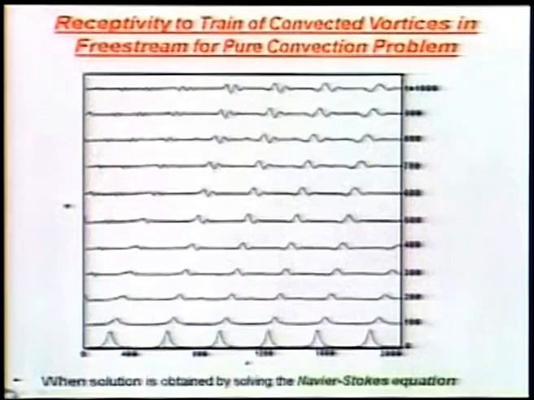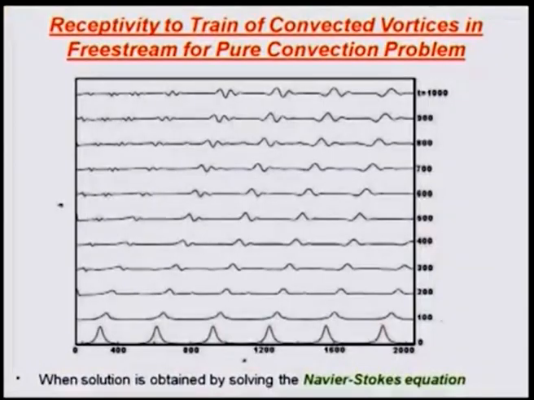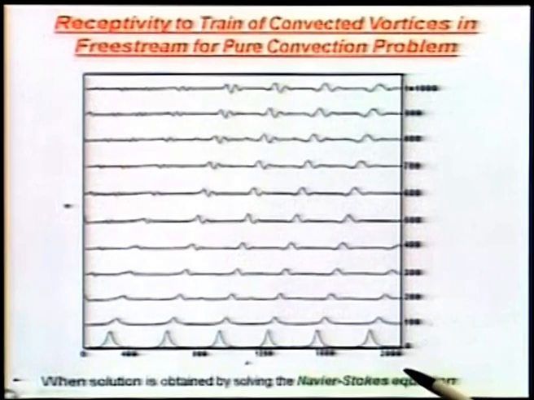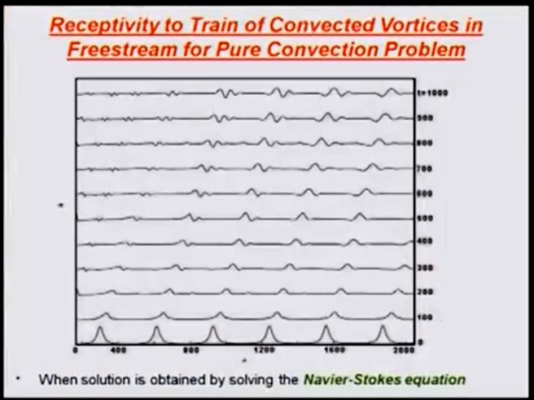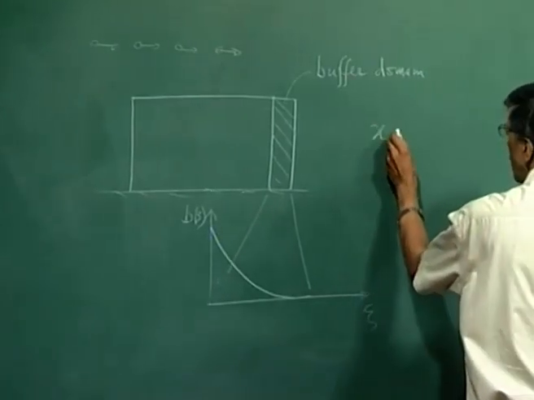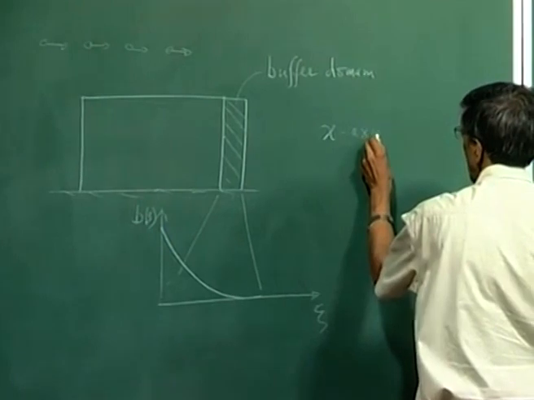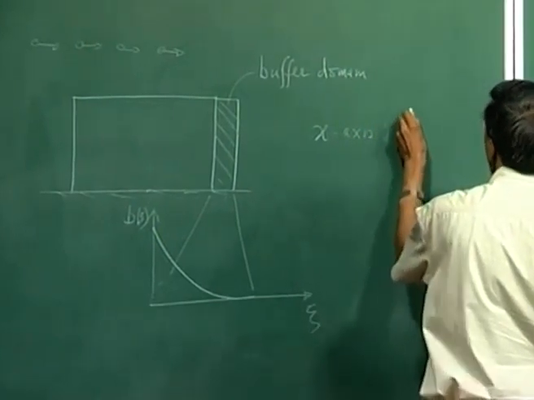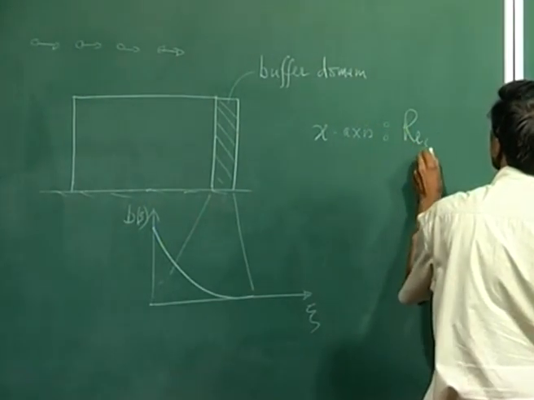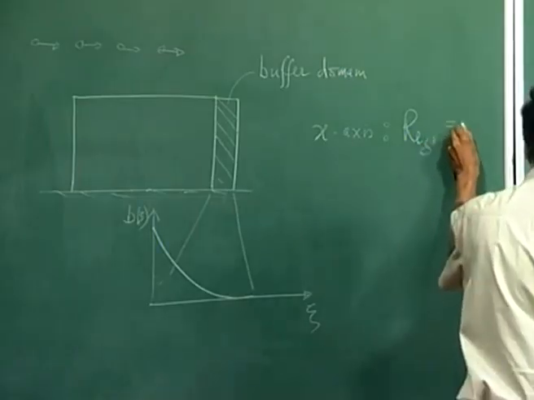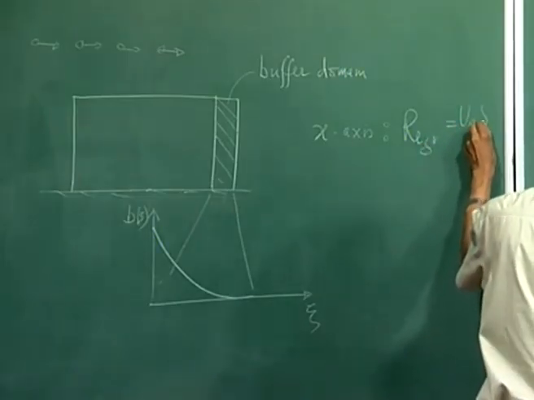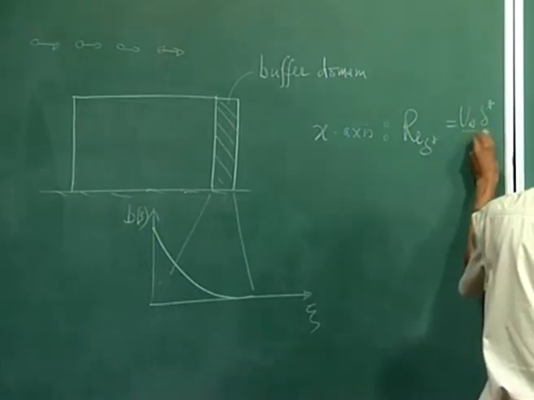We have put in the vortices at an interval of 100 pi, and this x axis that we have plotted here is nothing but RE delta star, that means u infinity delta star over nu.